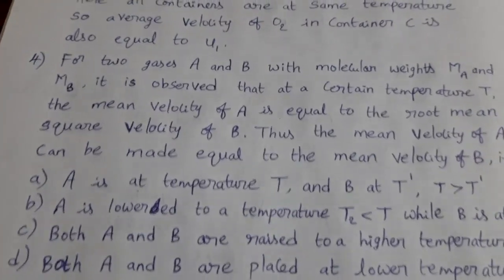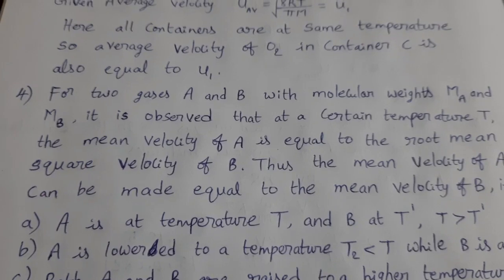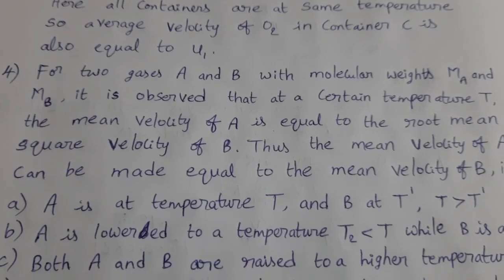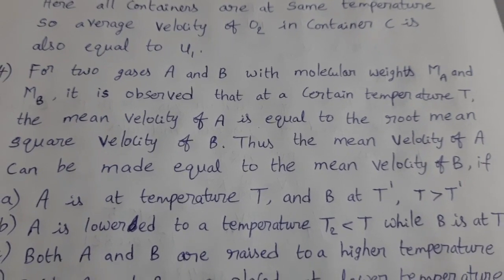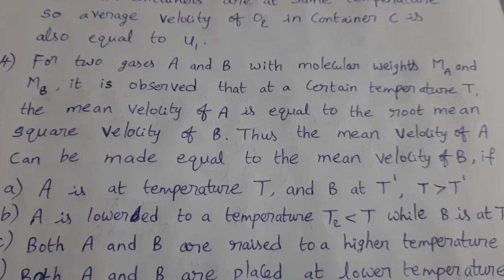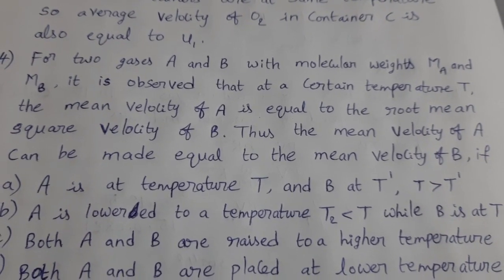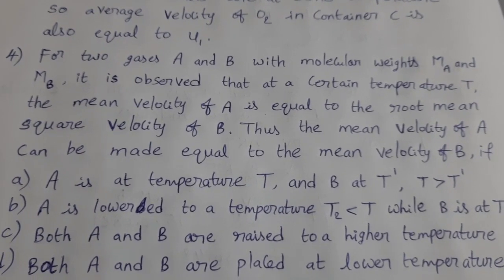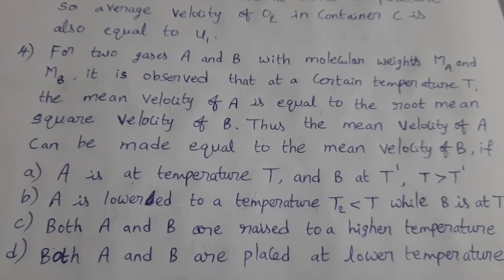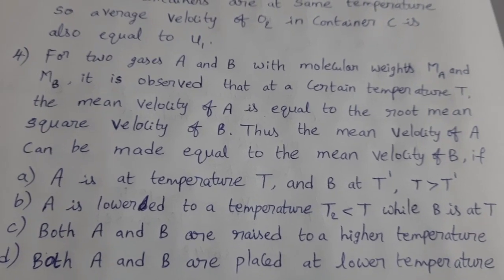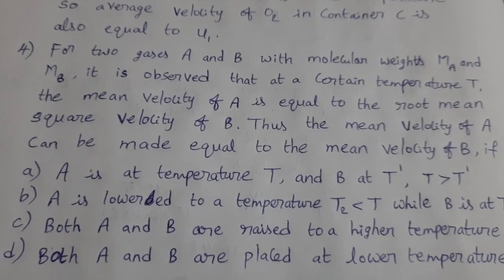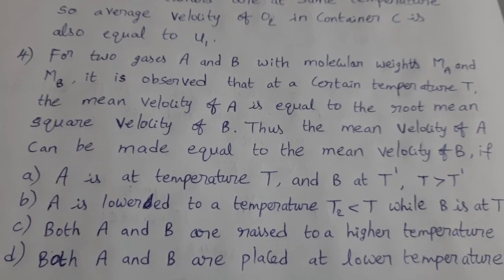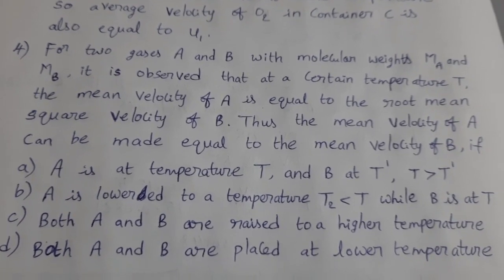Next, say this. For 2 gases A and B with molecular weights MA and MB, it is observed that at a certain temperature T, the mean velocity of A is equal to the root mean square velocity of B. Thus, the mean velocity of A can be made equal to the mean velocity of B if.